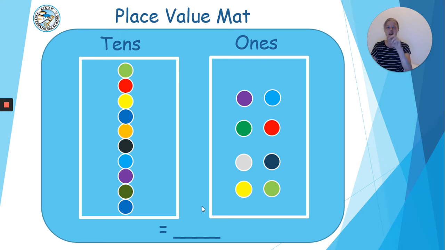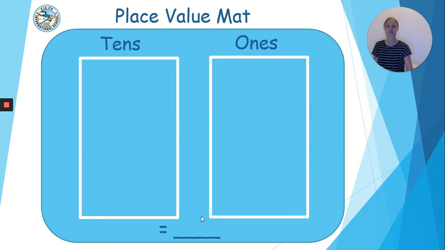First we need to write down how many tens we can see. We have 1 set of 10, so let's write the number 1. Then we need to write the number 8. Good job. So our new number is 18. Well done, everybody. Let's try one more.